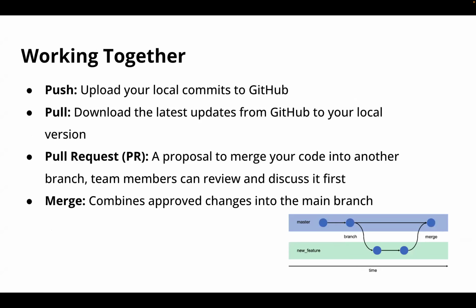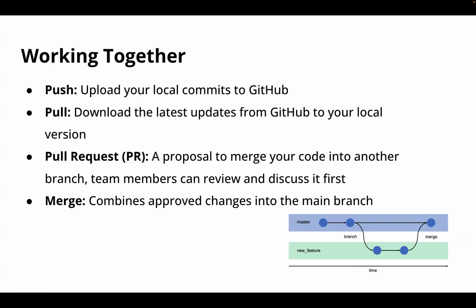So GitHub allows you to work together with a lot of other developers on projects. You could push your code to GitHub, which means you upload your local commits to the online repository. You could also pull, which means you're downloading the latest changes from the remote repository onto your local one.